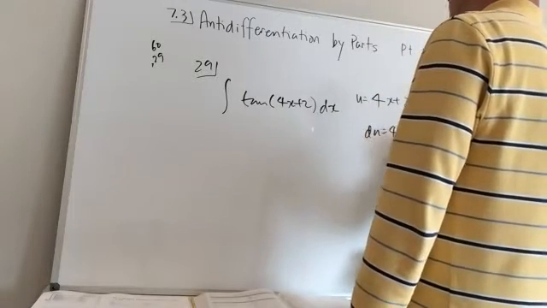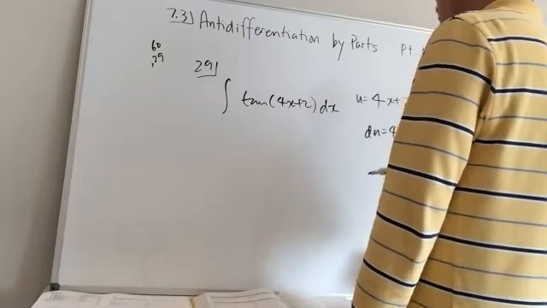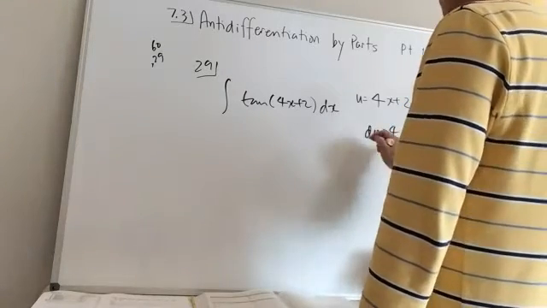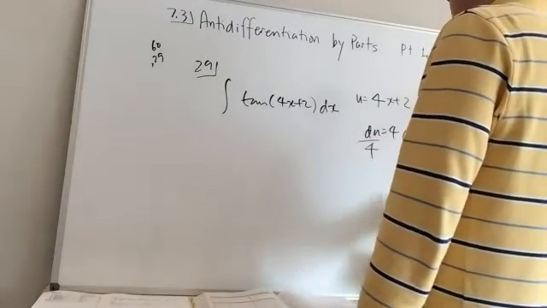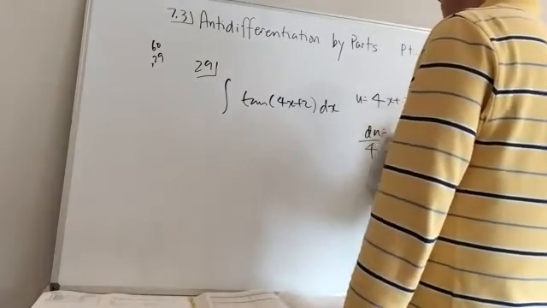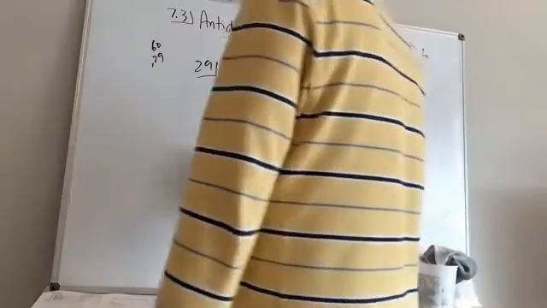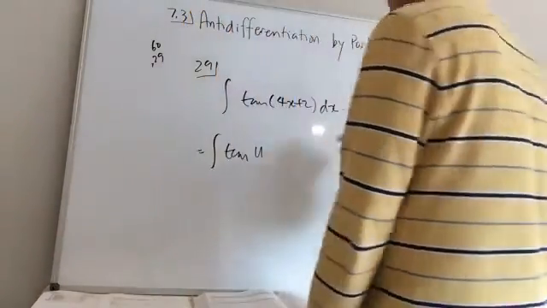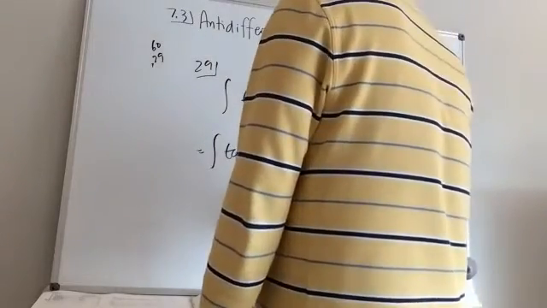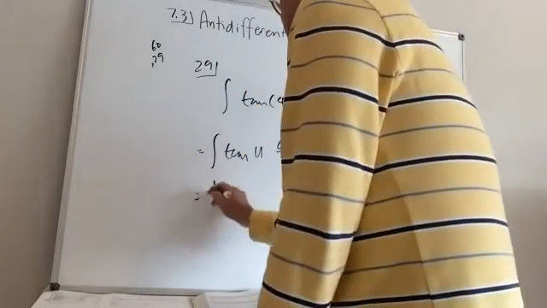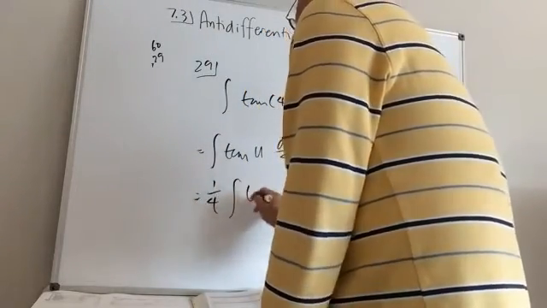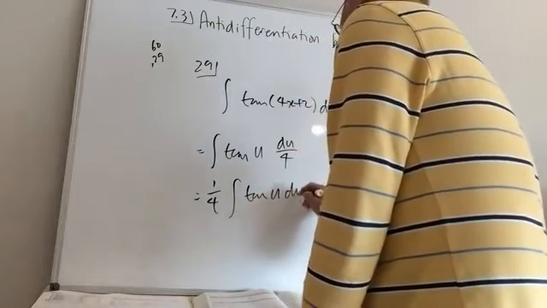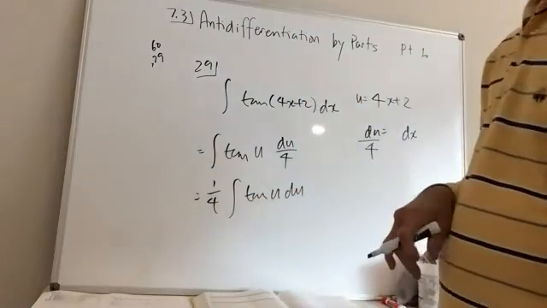Du is equal to 4 dx. So if I divide by 4, this is what I get. So this is going to be equal to tan u du over 4. So it's 1/4 tan u du. Are we good?